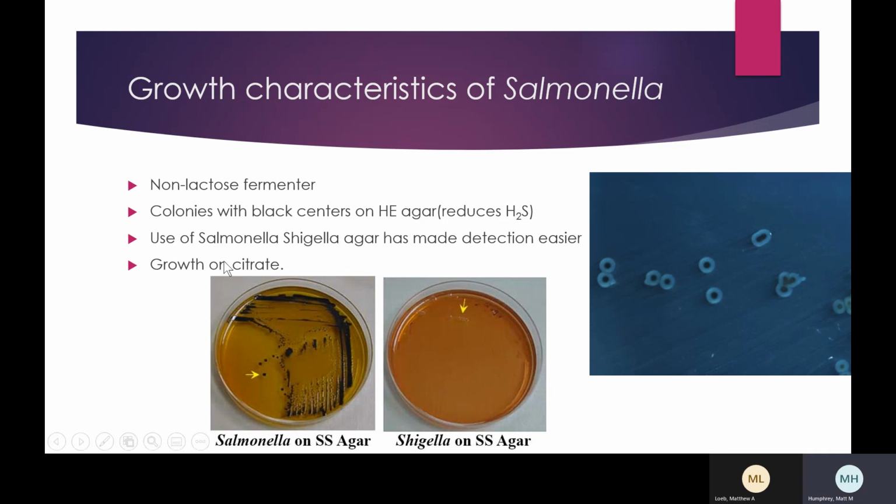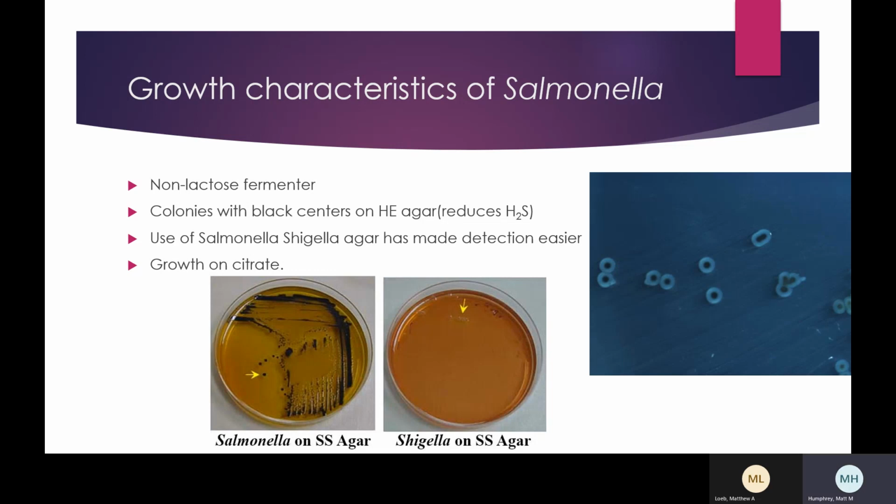And then Salmonella is also able to grow on citrate. The important thing about citrate is it is a very basic carbon source. There's not much to the molecular structure of citrate. So if it's able to utilize that, it's pretty used to living in pretty harsh environments.